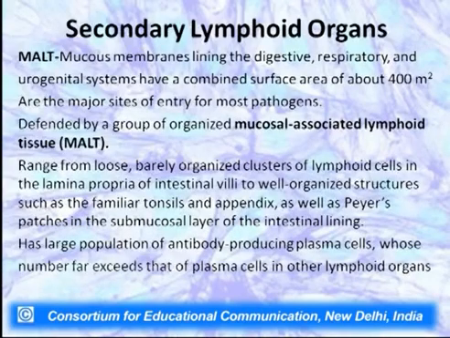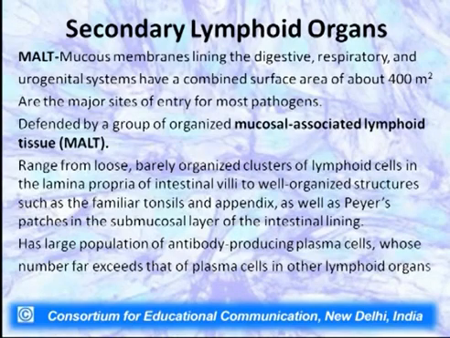Now, secondary lymphoid organs also have certain tissues called MALT, the mucous membrane lining the digestive, respiratory, and urogenital systems, which has a combined surface area of about 400 square meters. This is the place where most of the pathogens enter, and these areas are defended by mucosal associated lymphoid tissues, or MALT.